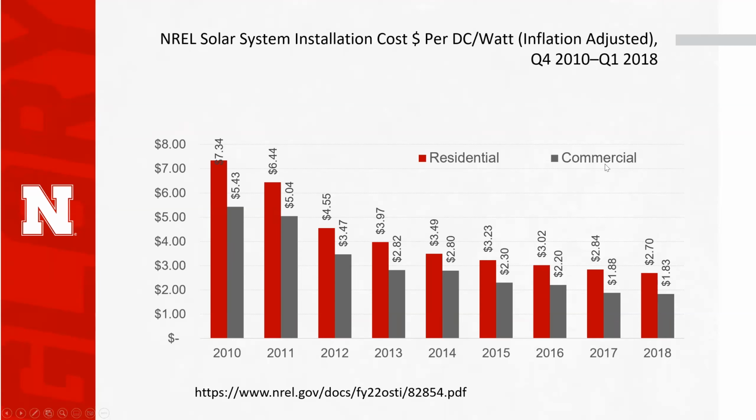Residential and commercial: commercial tends to be a larger business system, usually on the high end of net meters, so 25 kW or larger. The range that I'm seeing in Nebraska today tends to be somewhere from about $2.50 to about $3.25 per watt.